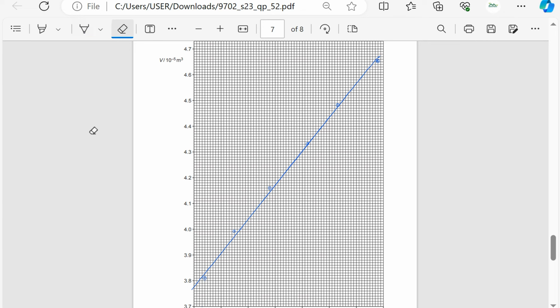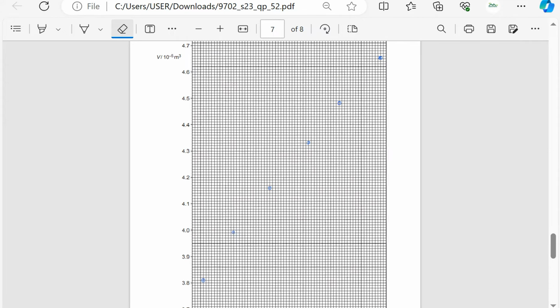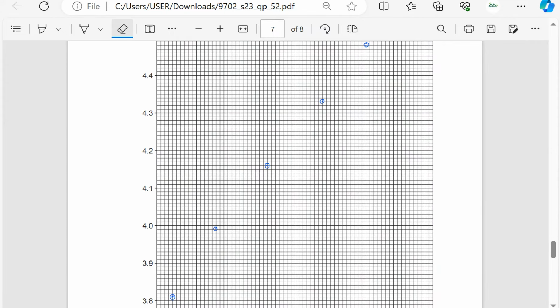That's not a good line because you have to balance the points. Normally check and see if you have plotted them carefully, especially if you see that the line of best fit is not coming out very well, check again.